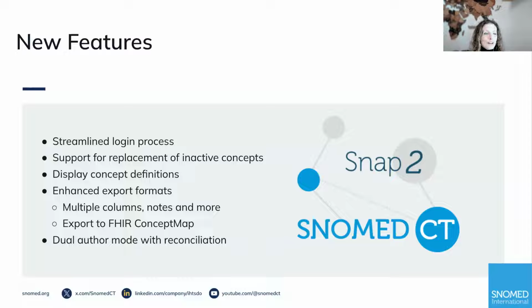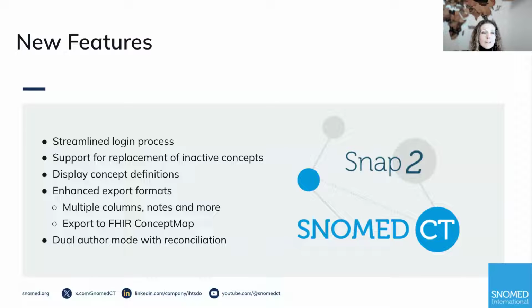We now also have the ability that you can not only see the descriptions of a concept, but you can see the definition of the SNOMED CT concepts, making it easier to ensure that you have found the concept of your interest that semantically matches what you're looking for. And then, as Alejandro said, we have some new export formats, and we'll talk to them too during the remainder of this session.